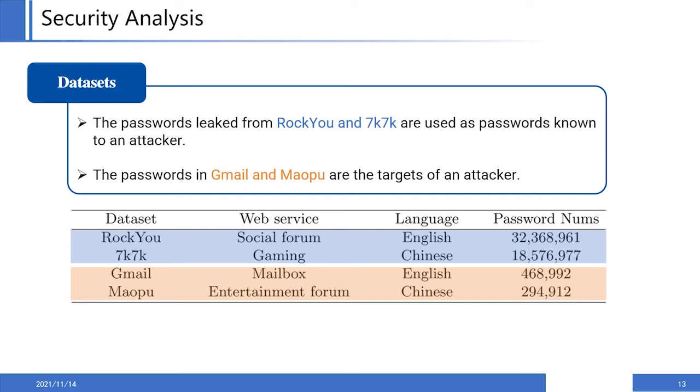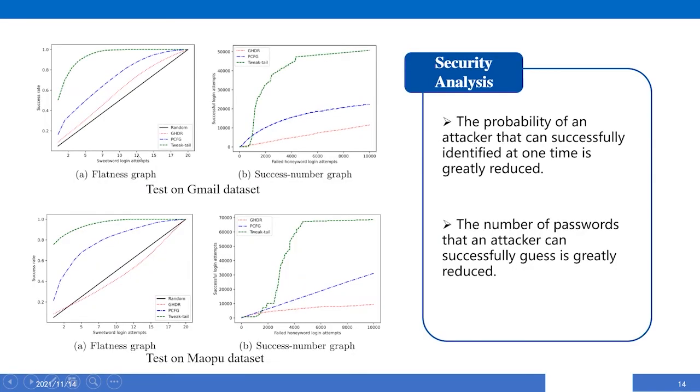Assuming that the attacker used the normalized top-PW attack method, the attack results on the proposed method are compared with the PCFG-based method and the twinkling tail method. We use the flatness graph to measure the safety in the average case, and the success number graph to measure the safety in the worst case.